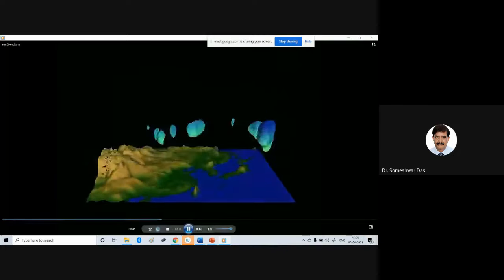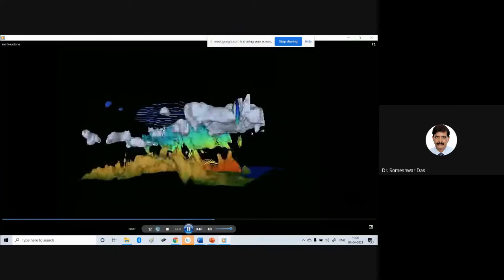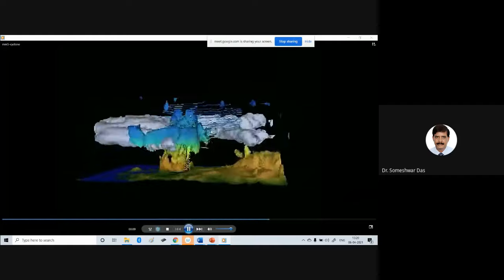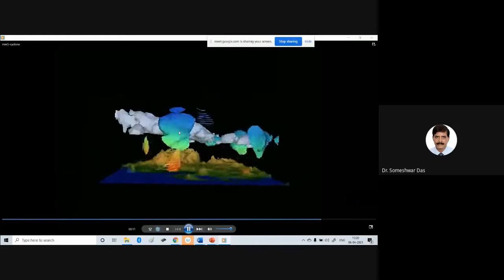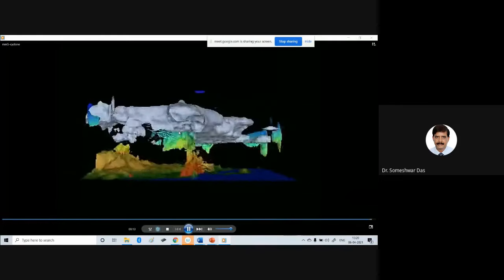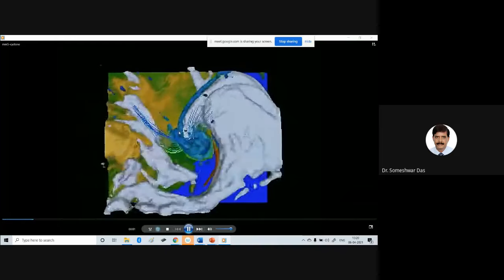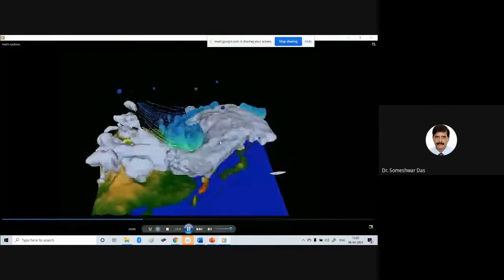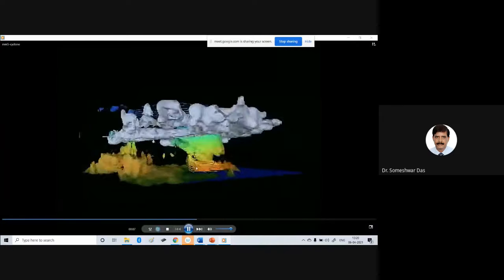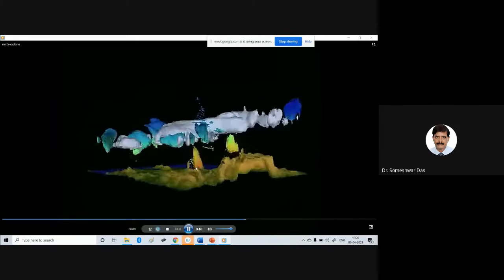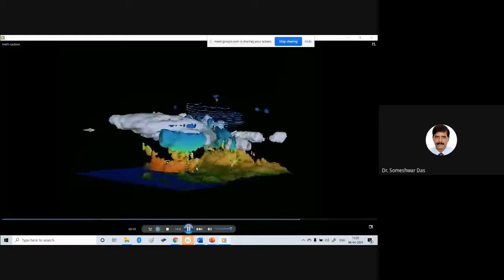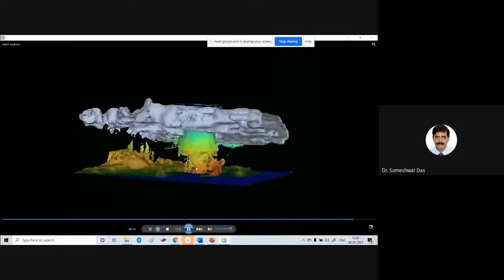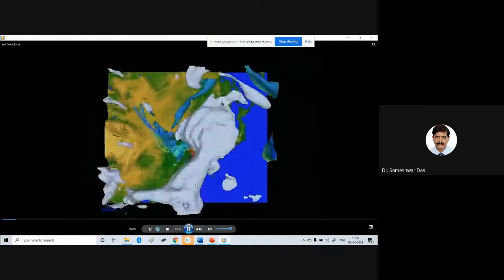The white patches are the very high clouds, which contain mostly frozen particles like ice and snow. Below that you can see other colors, which are the shaded values of the equivalent potential temperature.